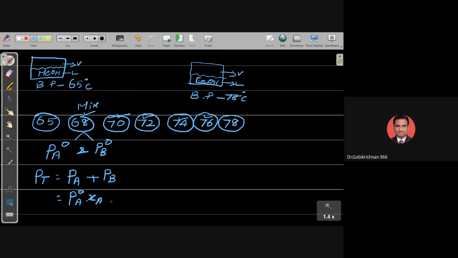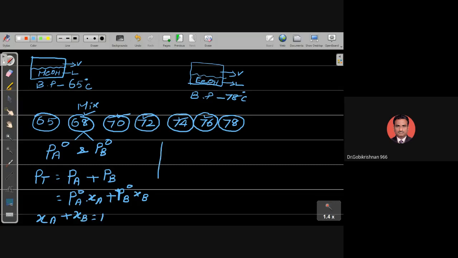Plus PB0 XB, and this XB I am going to replace with the help of XA, because for a binary system XA plus XB equals 1.